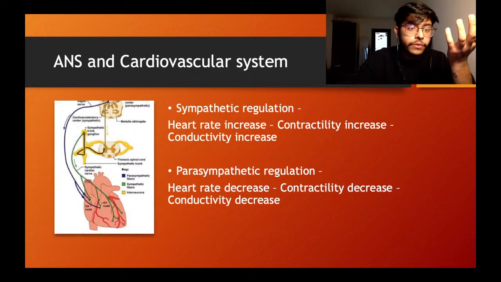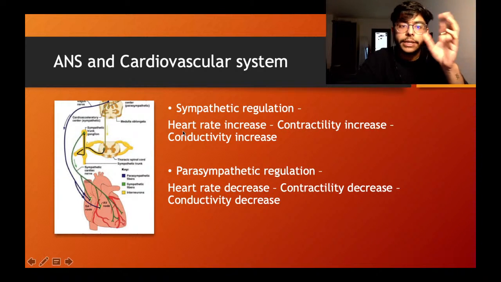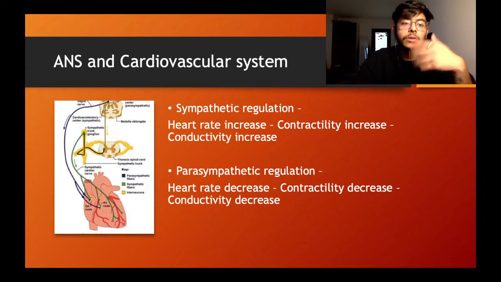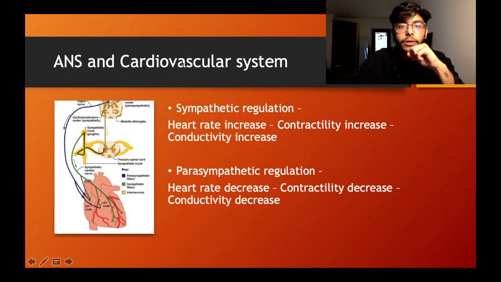Both of these modalities work in a synchronous fashion to control the heart rate. But suppose I'm walking through a forest and I see a snake. I'm going to want to start running the other way.